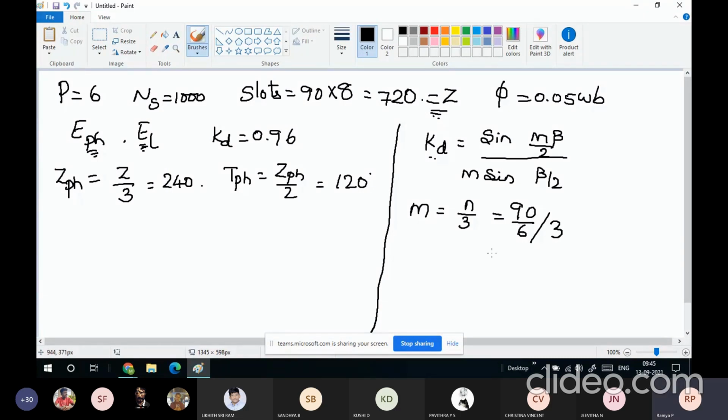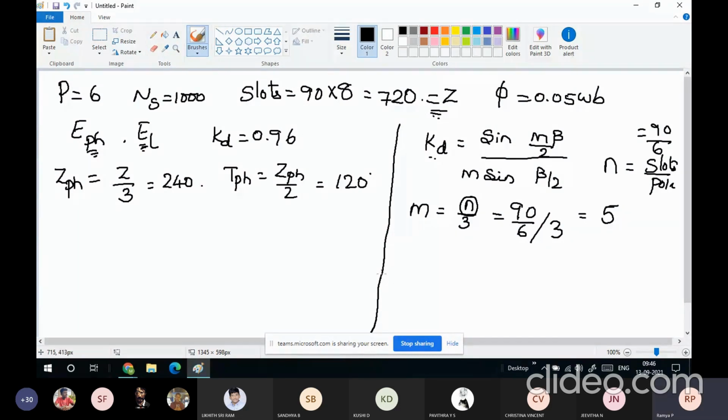Here n is nothing but the number of slots per pole. How many slots do you have? 90 slots and 6 poles. So that divided by 3 will be equal to m. So m will be 90 divided by 6 divided by 3. If I do this, I get the number of slots per pole per phase.